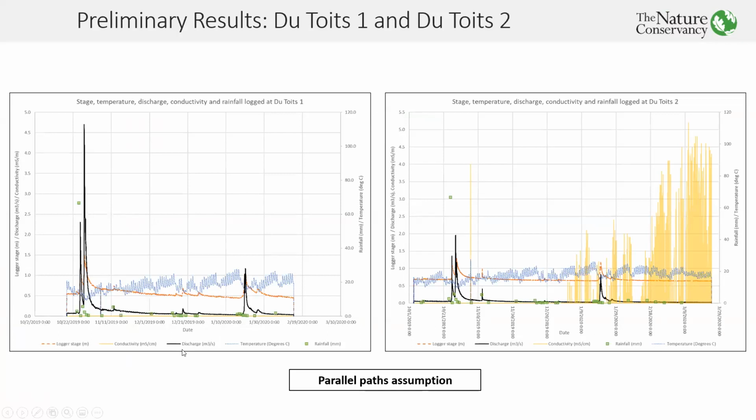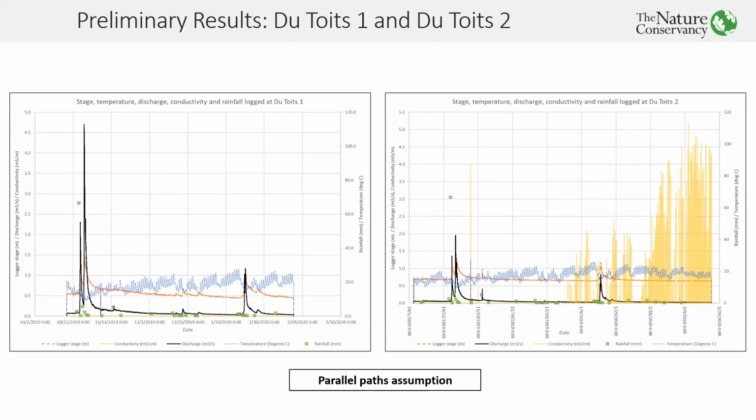And the results represent the time series of water temperature in blue, the water stage, which is in orange, the discharge, which is in black, the electrical conductivity of the water, which is in yellow, and the rainfall, which is in green. And all the logging is being undertaken at 10-minute intervals.